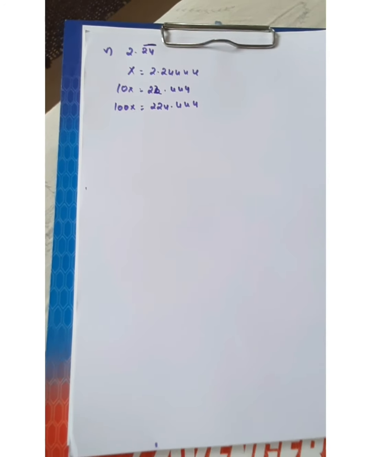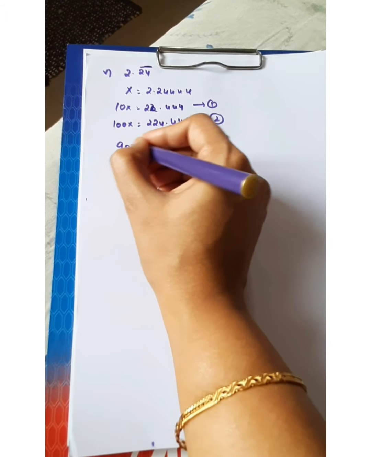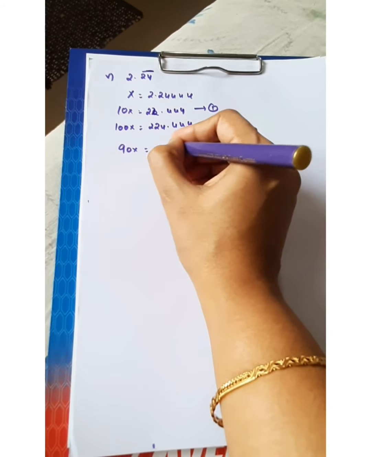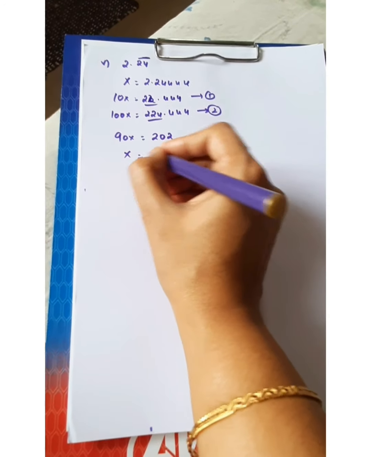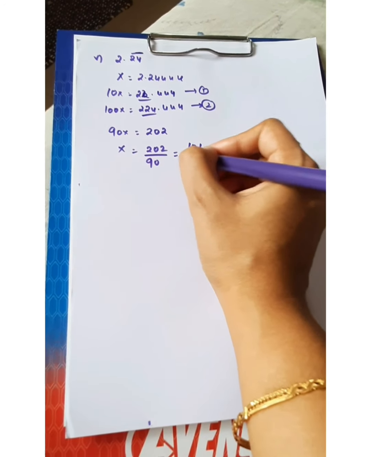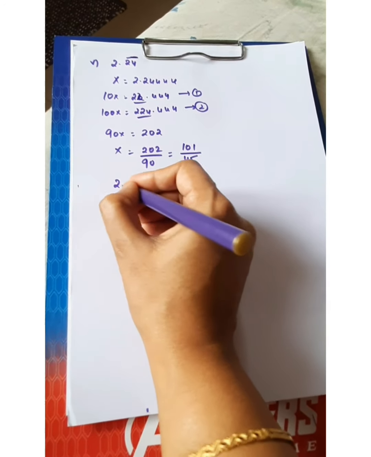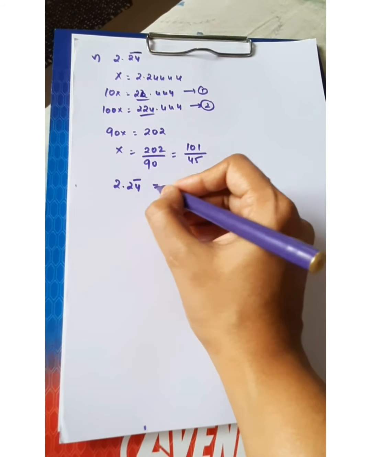Let's take 10x and 100x as two equations. By subtracting, we get 90x on the left-hand side and 202 on the right-hand side. So x is 101 by 45. That's the fraction form for this non-terminating repeating decimal, 2.24.